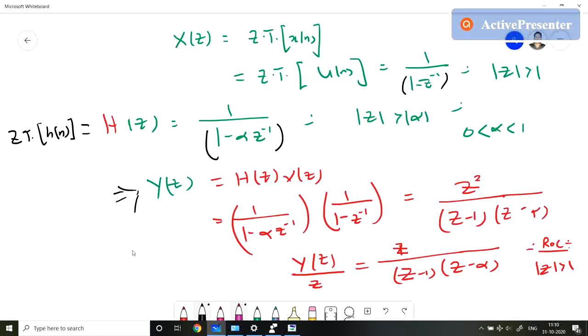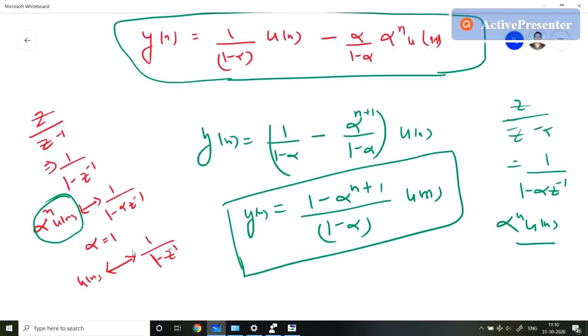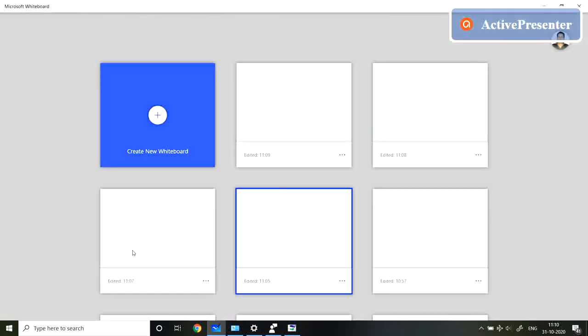So Y(z) divided by z is z divided by (z minus 1)(z minus alpha), and the ROC is modulus of z greater than 1.